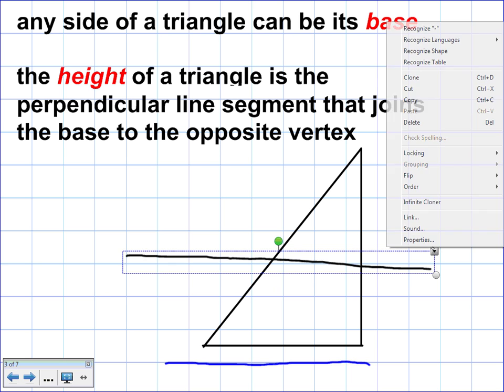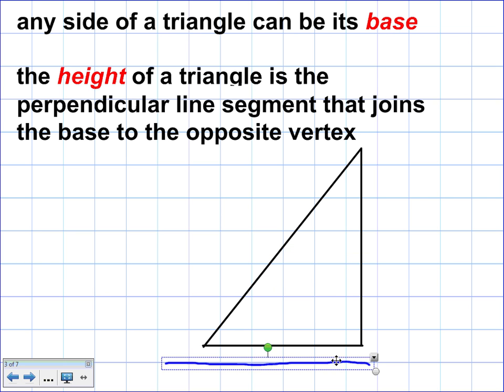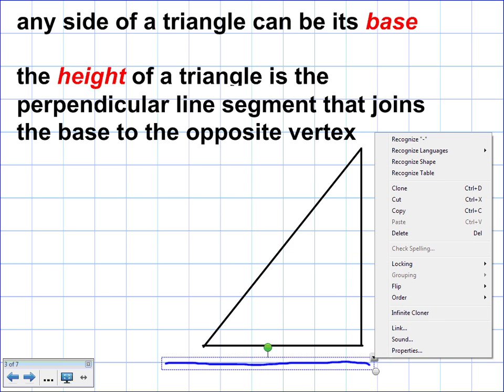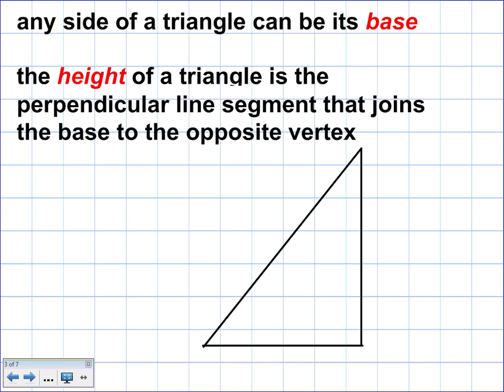And I'm just going to delete these so that we get them off our field of vision. And we're going to say that the height of a triangle is the perpendicular line segment. Remember, perpendicular is the upside down capital T. That joins the base to the opposite vertex. Remember that the vertices are the points, if you will, in our triangle.